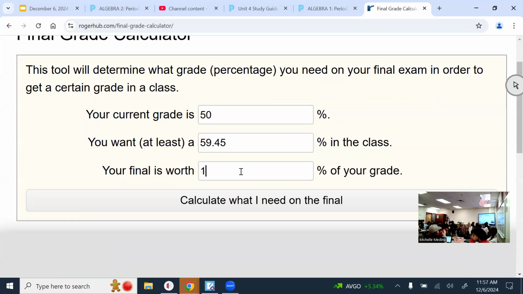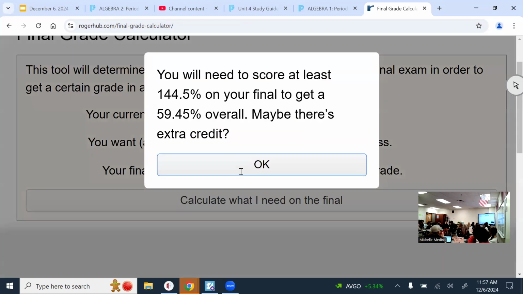All right, and then your final is worth 10% of your grade. According to this, I would need 144.5% on my final to get that grade overall in the class. I haven't talked to you about your final yet. There are some extra credit opportunities on there, but we haven't gotten there yet. Is it likely that this person will get 144.5% on their final?